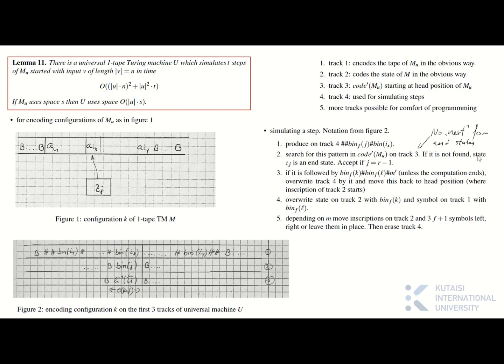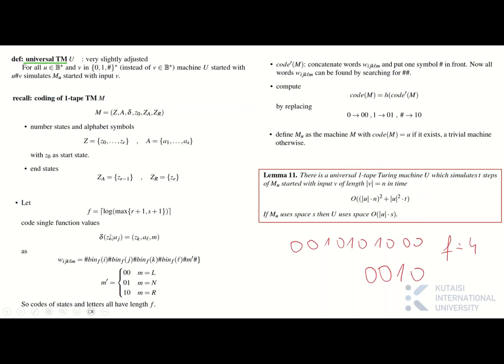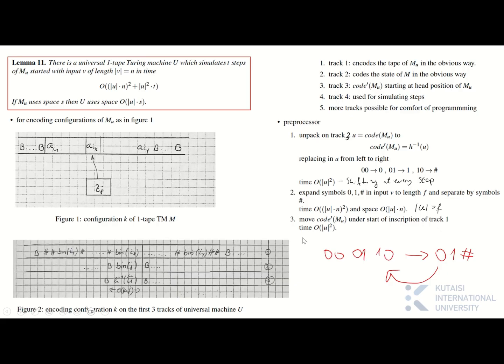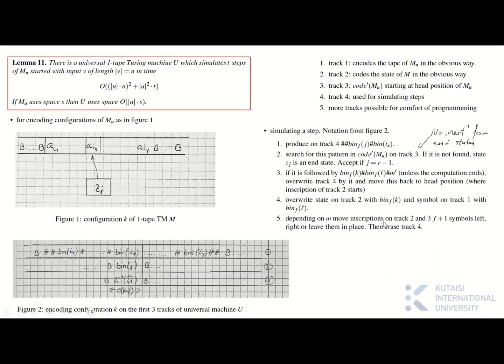If you never find this pattern, that means you are in the end state, because for end states you do not have transition functions. So these things are not written for end states. You halt in end states. If your search goes to the end and you never find it, you're in the end state.